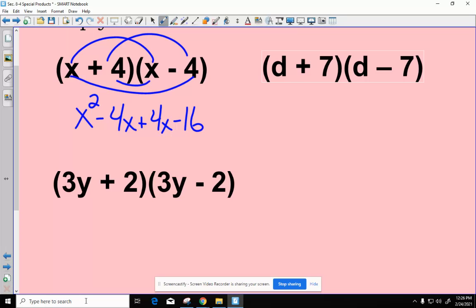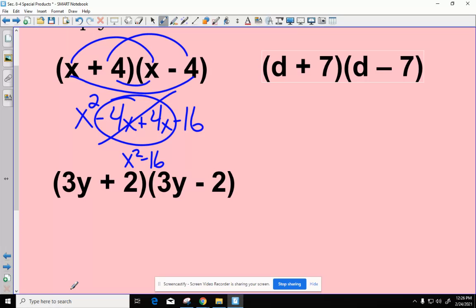But because I had opposites in there, that part's gone. And so my final answer is x squared minus 16. The difference, subtraction, of two squares. X squared is a perfect square. 16 is a perfect square. If you recognize that, you don't need to FOIL it.